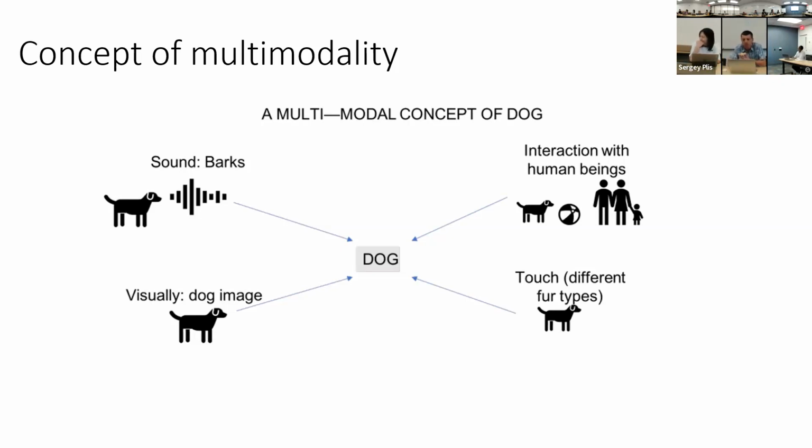In our day-to-day learning experience, we use all of the 5 senses to get data, and later use this data to make decisions. They give an example: senses like sound, visual, touch, and interaction with a human, and the human can understand that this is this type of object. Here they use a dog as an example.